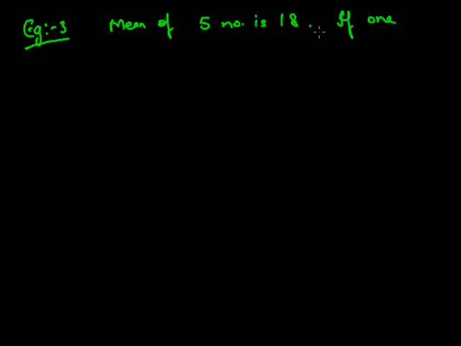Now we'll see one more example based on this mean. First we write down the problem. The mean of 5 numbers is given as 18. If one number is excluded, their mean is 16.